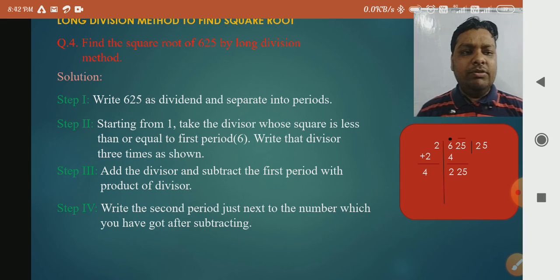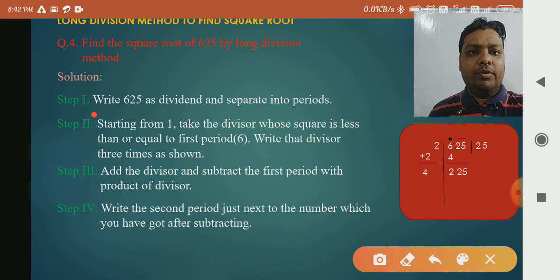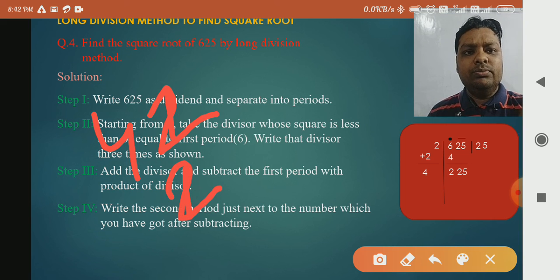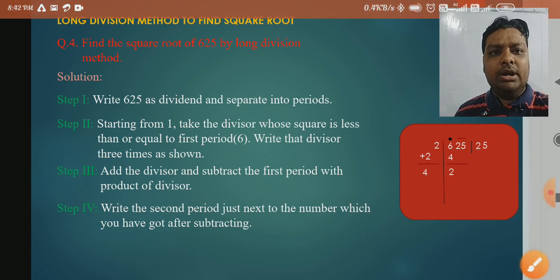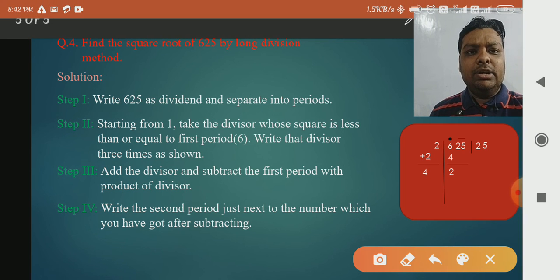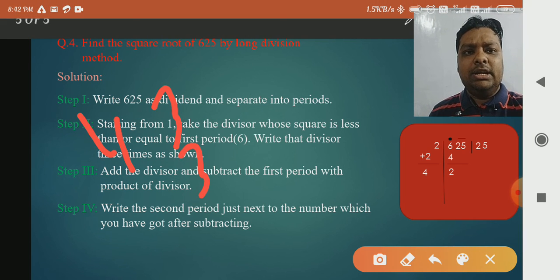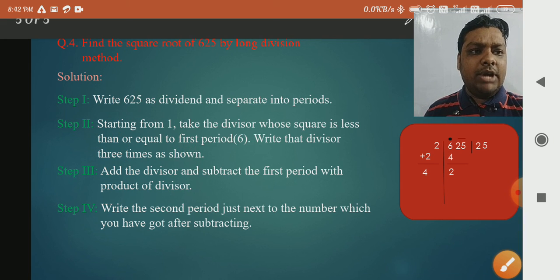It means 4 is already given, then we can write 1 and 1, or we can write 2 and 2, then it will be 42 into 2. We will take the same number, or we can write 43 and 3. The 4 stays the same because it comes first.